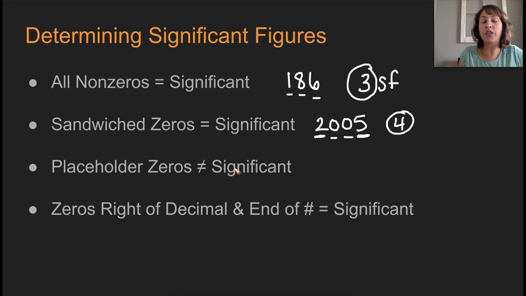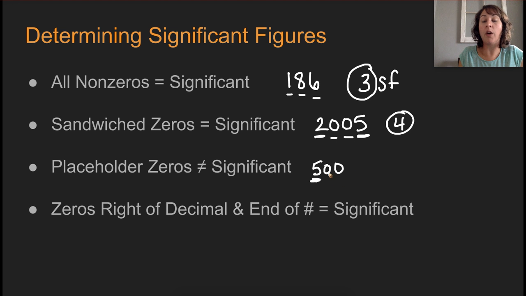The placeholders are the ones that usually people get confused with. So the placeholders and the zeros right of the decimal and end of the number. So placeholders would be something like, say we have the number 500. Okay. This one is significant. These 2 here are just holding the place of the 5. They're very important.